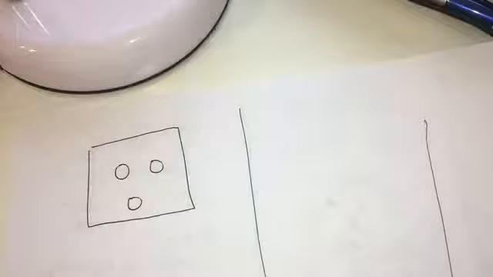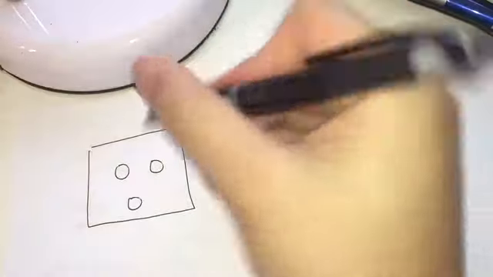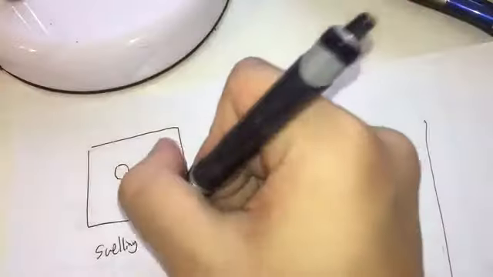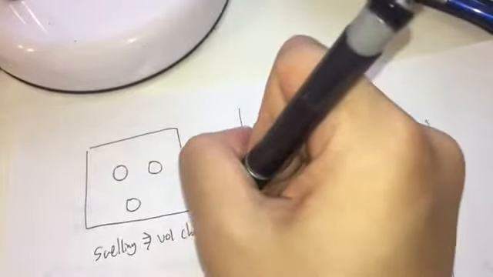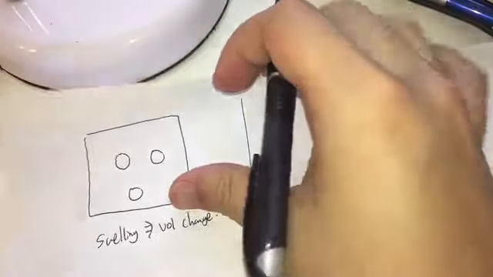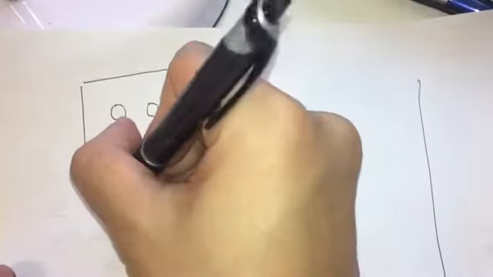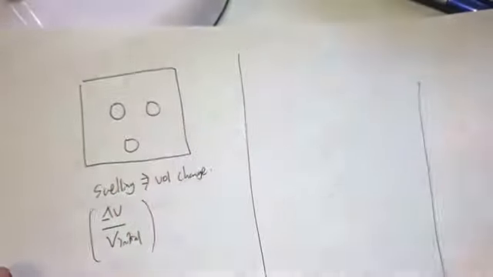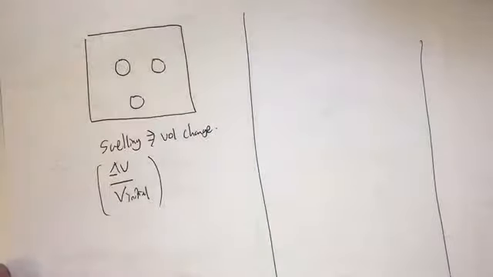If you're talking about swelling, we are looking at volume change. So the appropriate quantity is maybe a percentage: the volume change over the initial volume. This is how we characterize swelling.